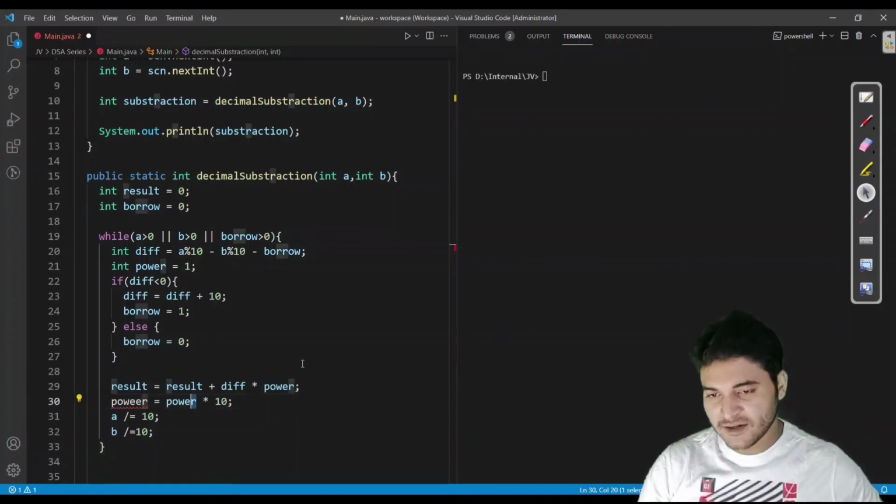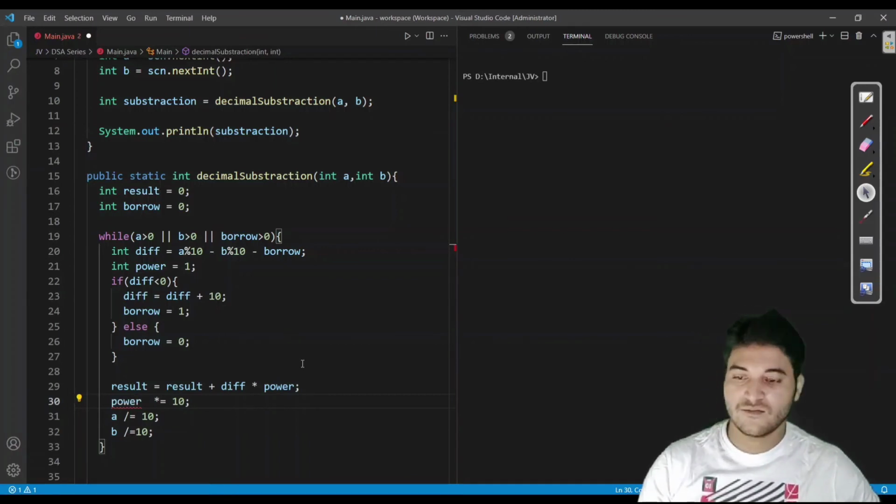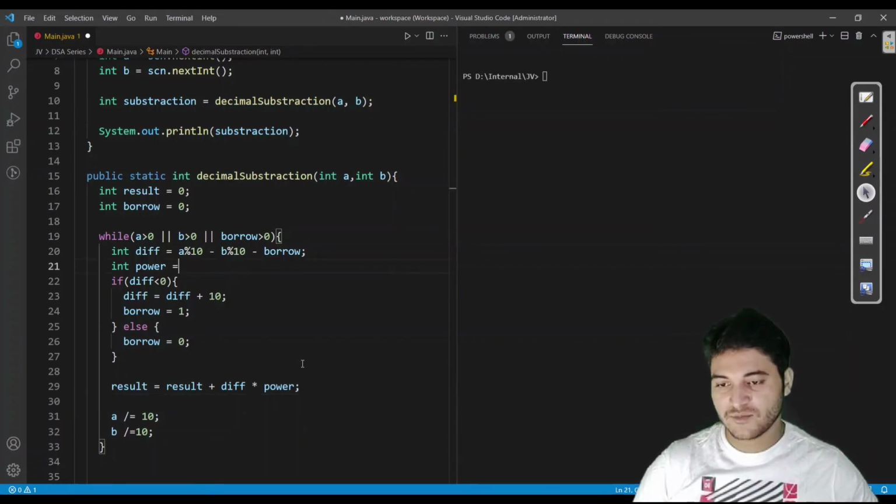Fine. And we can write it like this also. This is also fine. But let us write it that way, because we have already written a similar approach in our previous line.